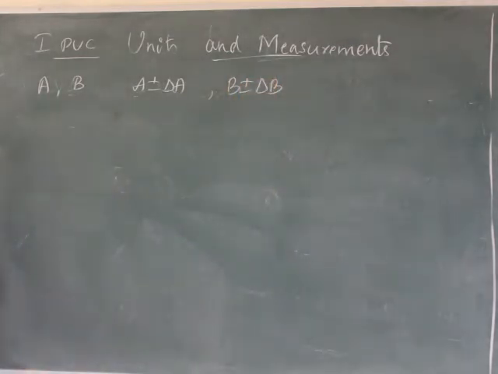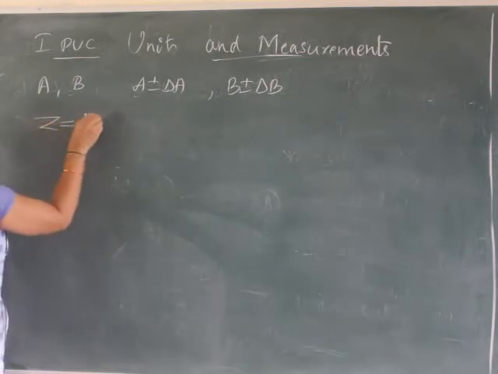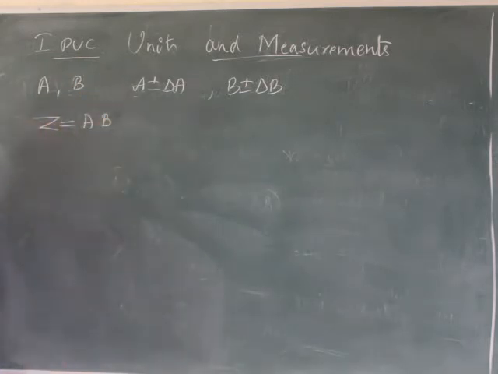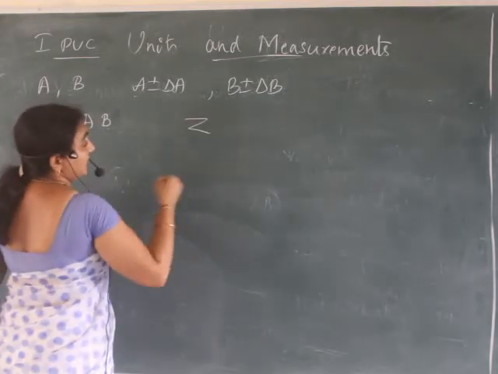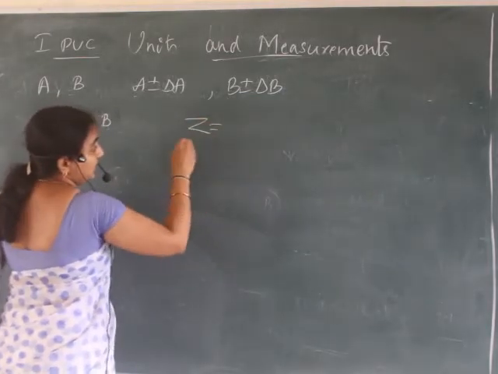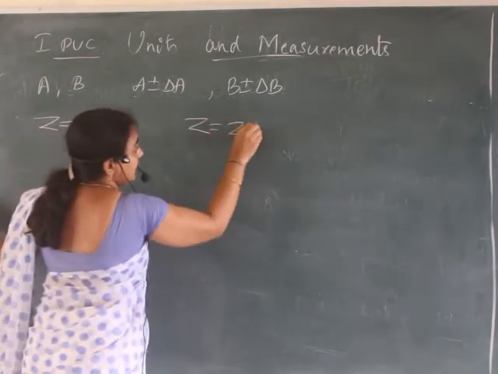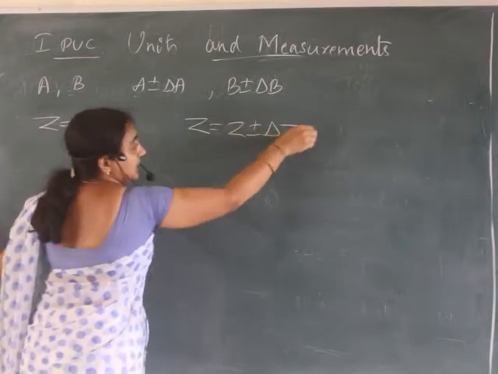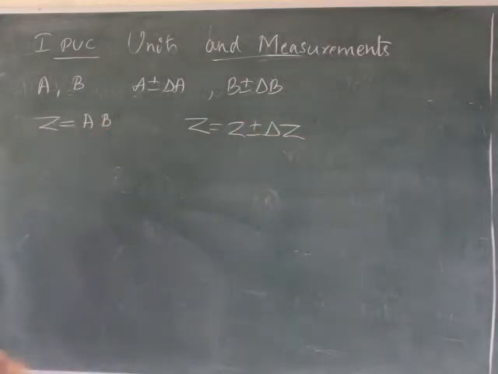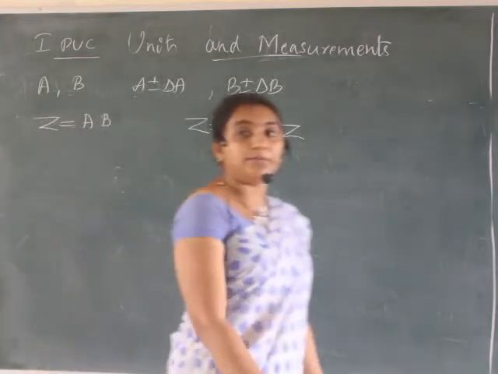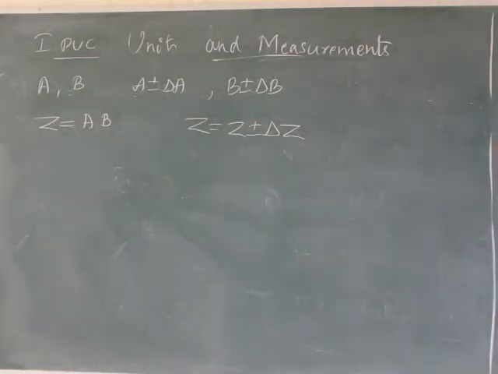A and B are physical quantities. We want to multiply them. So Z equal to A into B. Z also has an error, that is a measured error, Z equal to Z plus or minus delta Z. Correct? Now can you try? Substitute and try.